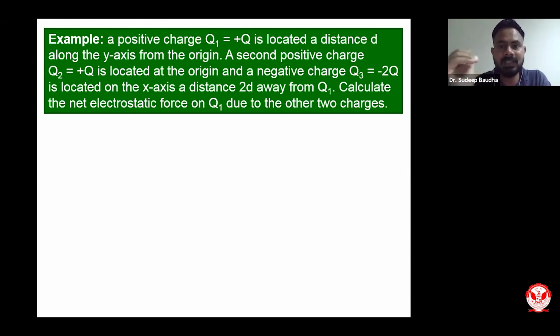We have a second positive charge Q2 located at the origin, and we have a negative charge Q3 whose value is minus 2Q, located on the x-axis at a distance of 2d from Q1. Calculate the net electrostatic force on Q1 due to the other two charges. Is the question clear to everyone?